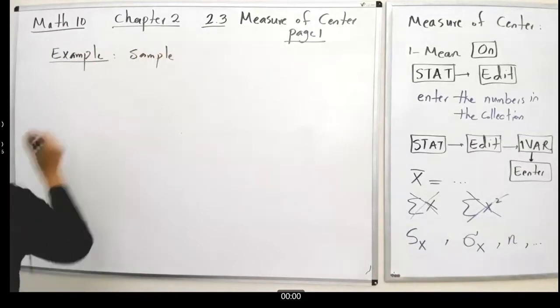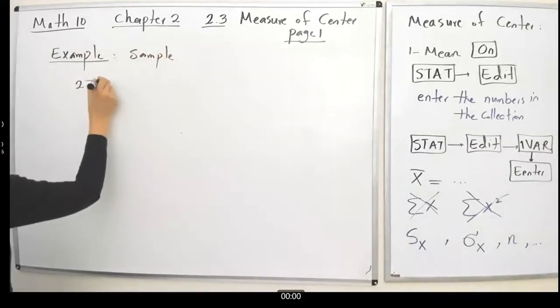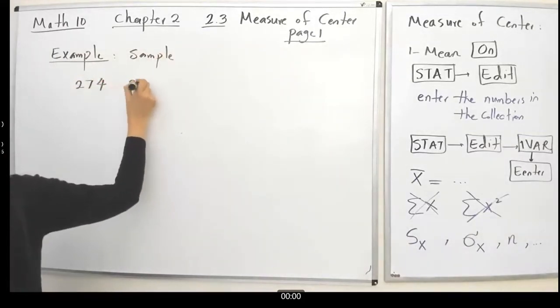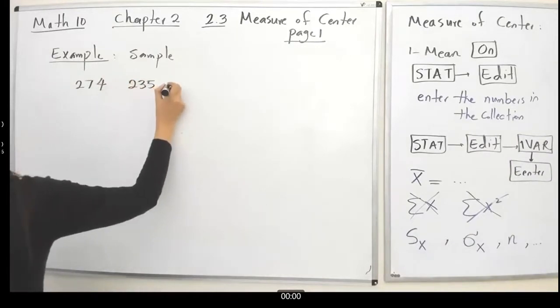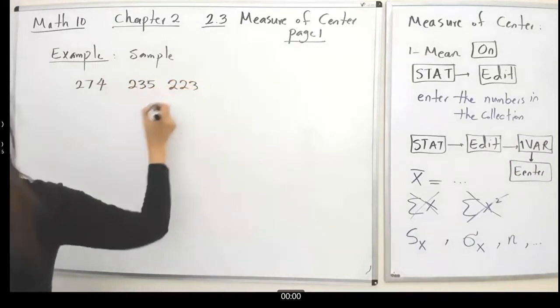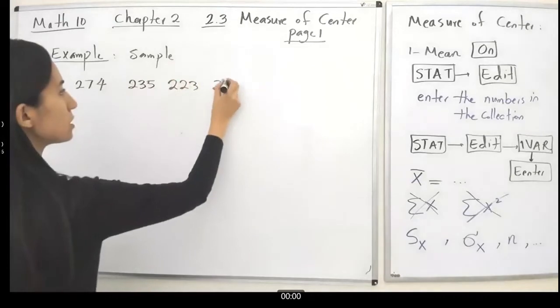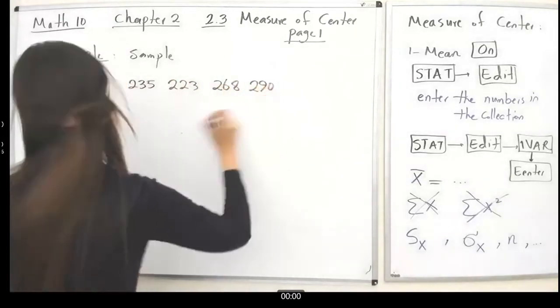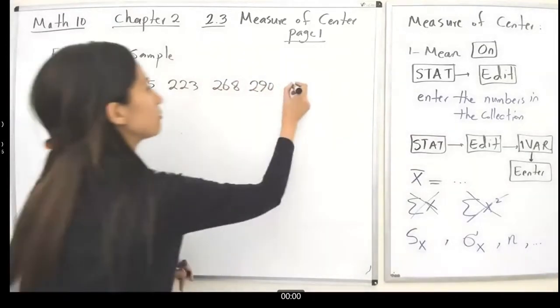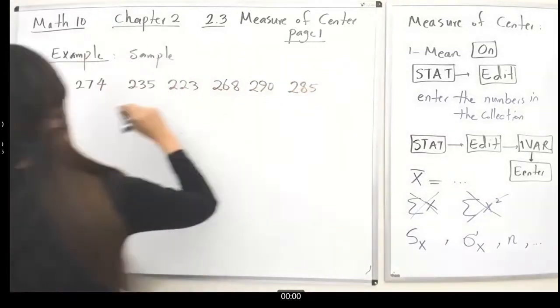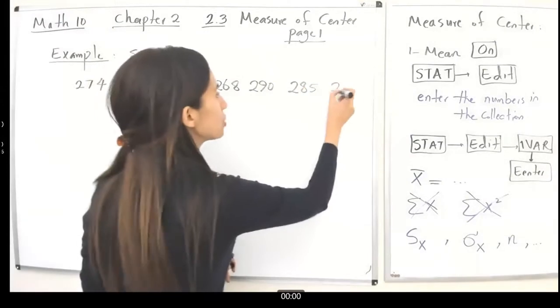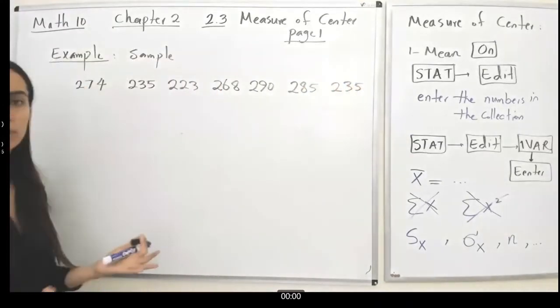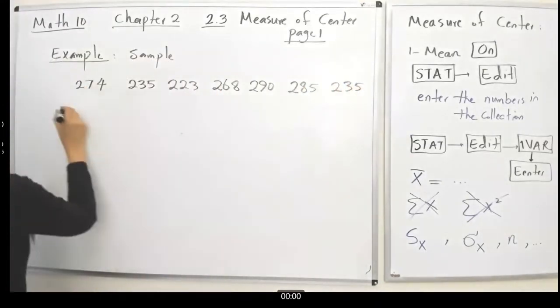You have these numbers: 274, 235, 223, 268, 290, 285, and 235. The question says, what's the mean of the sample?